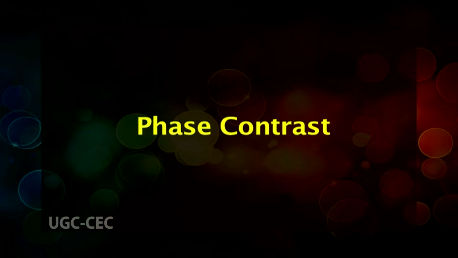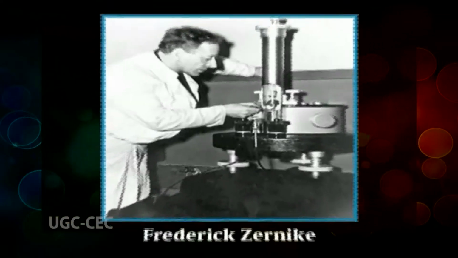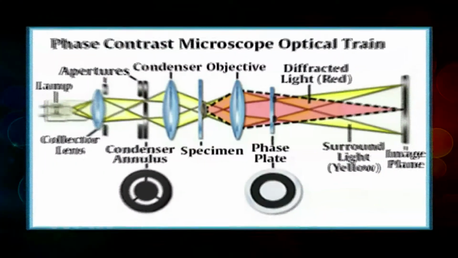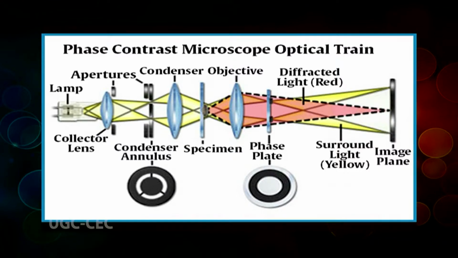Third is phase contrast. Phase contrast microscopy was devised by Frits Zernike. This technique exploits the fact that light slows slightly when passing through biological specimens. The specimen is illuminated by a hollow cone of light coming through a phase annulus in the condenser.